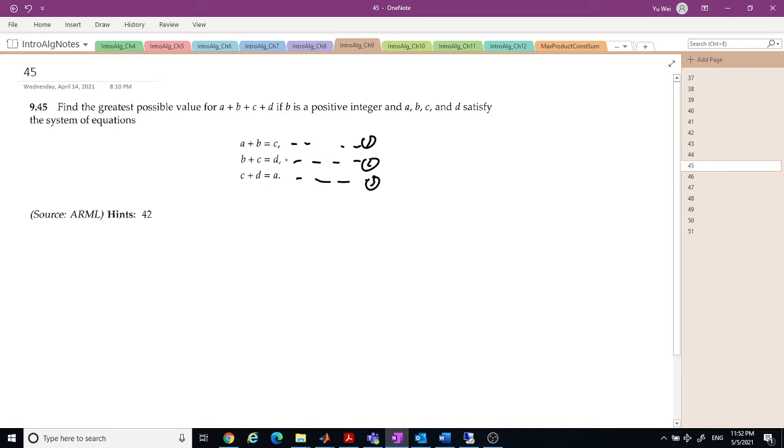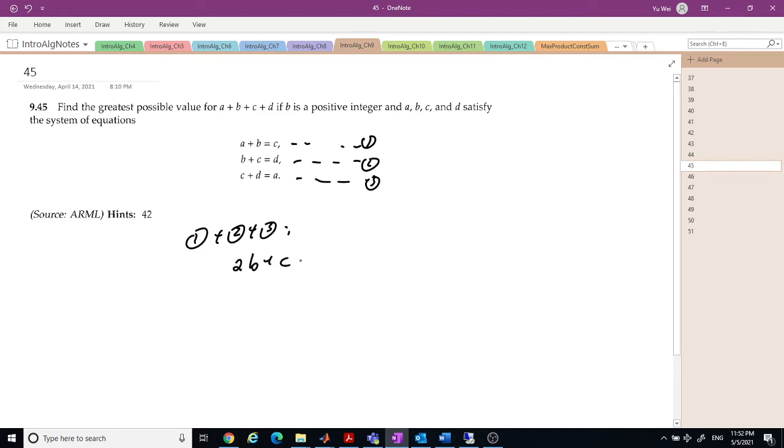Okay, so let's see. I think we have the ADC here, right? If we add them together, we have the ADC here. Okay, so let's see. 1 plus 2 plus 3. Then we take out the ADC.